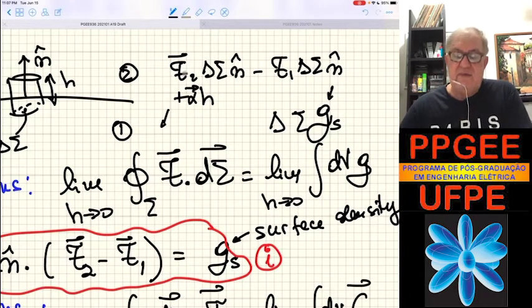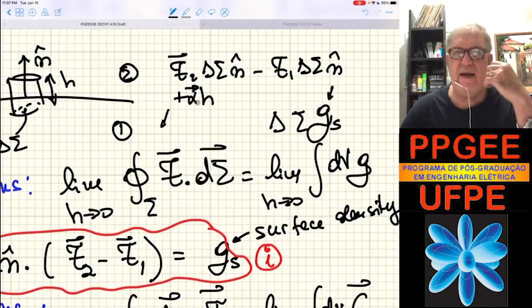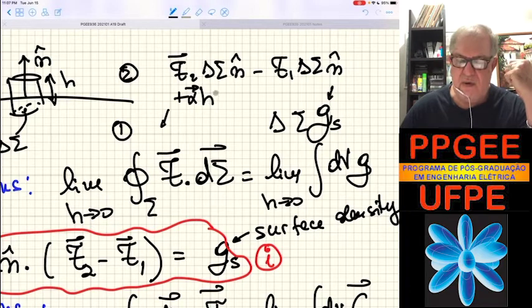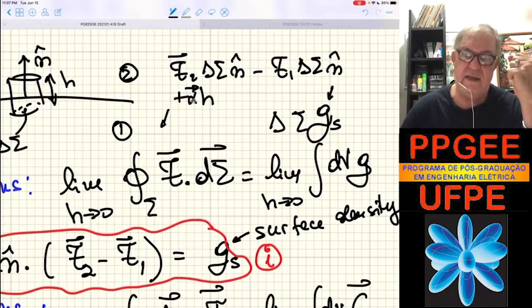But we are talking about fields, okay? And fields cannot be confined to a surface. They occupy a volume. So when H goes to 0, we don't have a field surface.